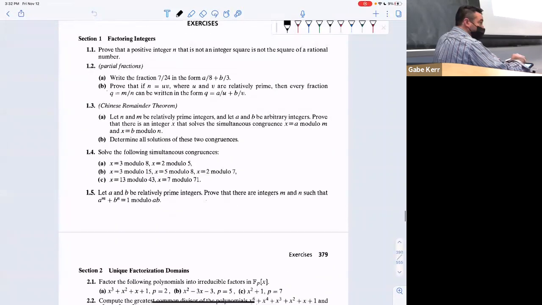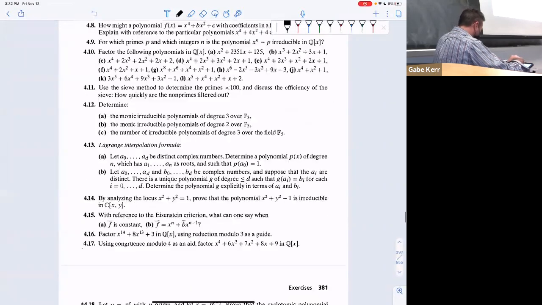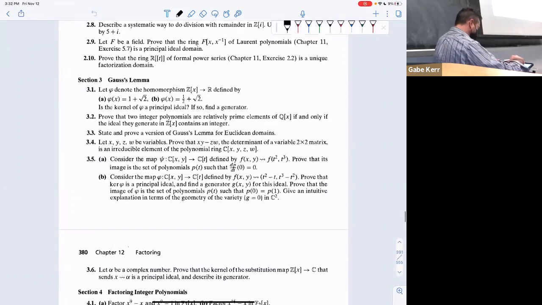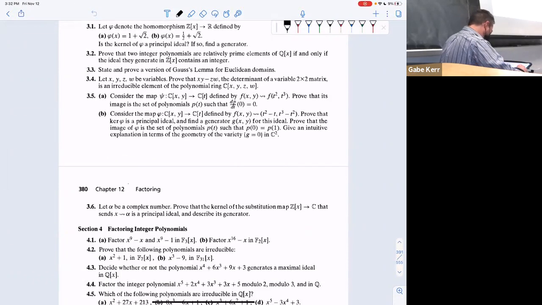I was particularly confused with 3.6, just looking at it.